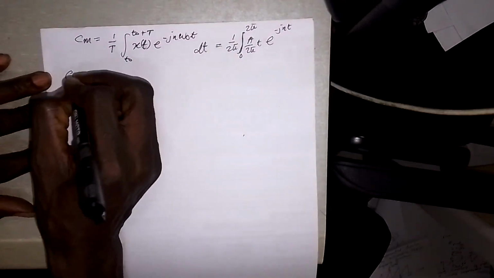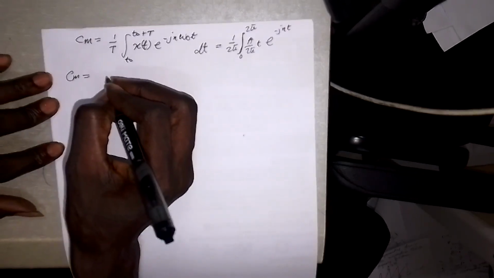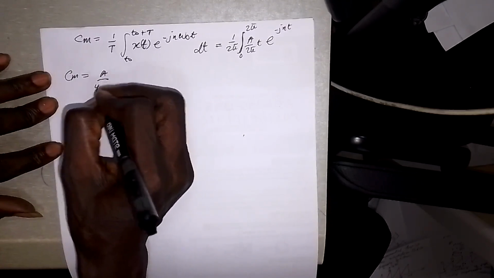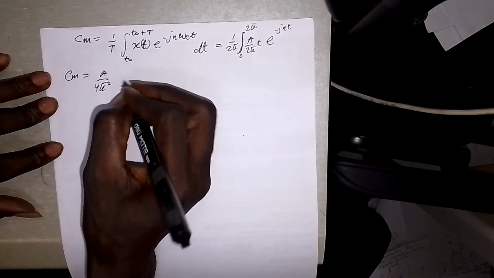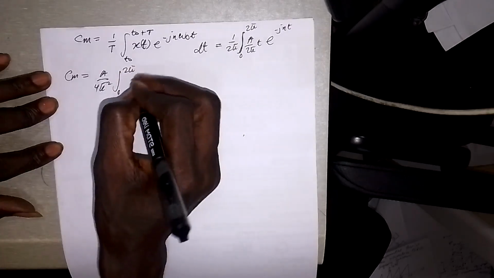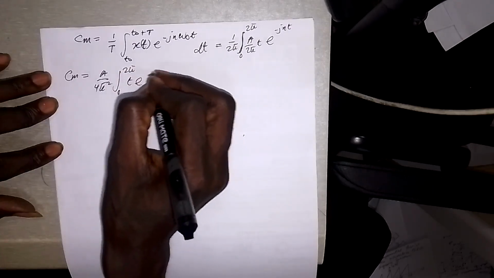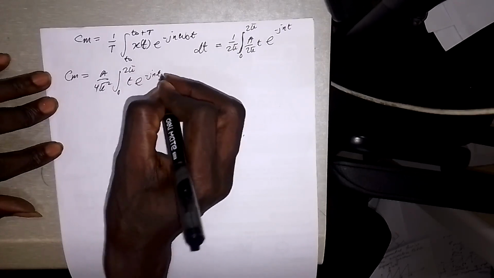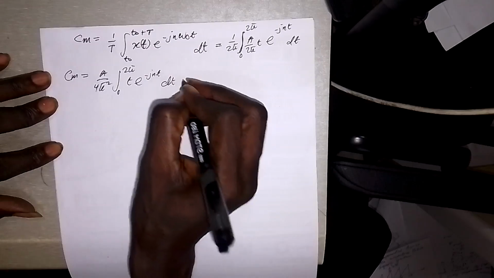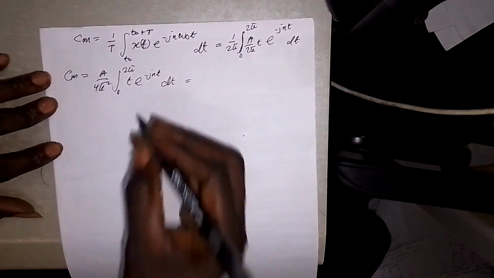So now here Cm is equal to a over 4 pi squared, into the integral from 0 to 2 pi of t e to the minus j n t dt.